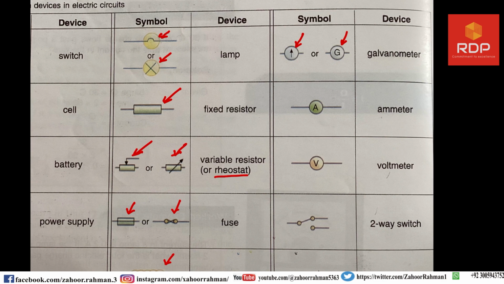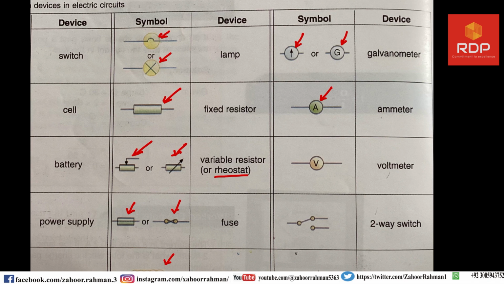Now, if we want to represent a meter in the circuit, then there will be an A inside a small circle, and that represents an ammeter. You know that an ammeter is used for measurement of current.